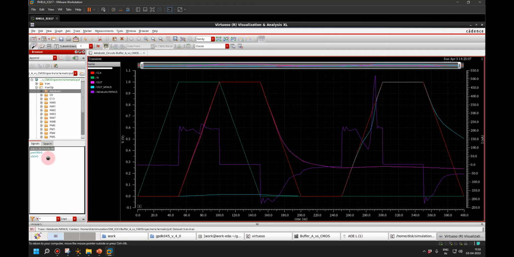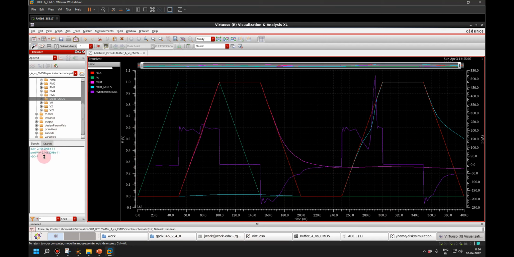If you see here, the power for the adiabatic circuit is showing almost 0, whereas the power for the static CMOS, which I have given the same frequency, is coming around 21 nanowatts. So the power in the adiabatic circuit is almost negligible as compared to the CMOS.